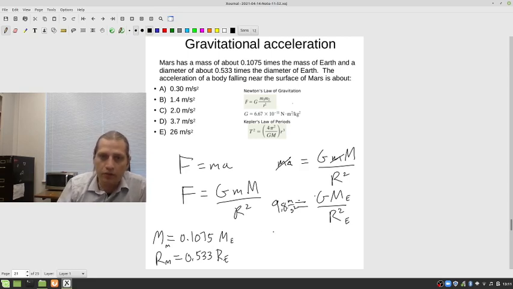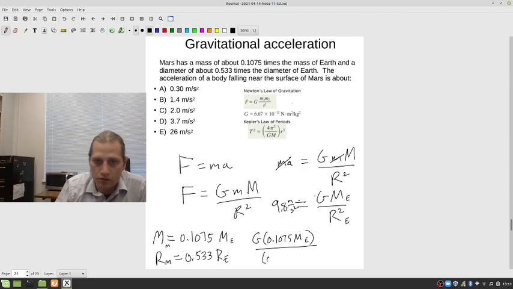On the other hand, what we want is, what if we took G times 0.1075 mass of the Earth over 0.533 radius of the Earth squared.